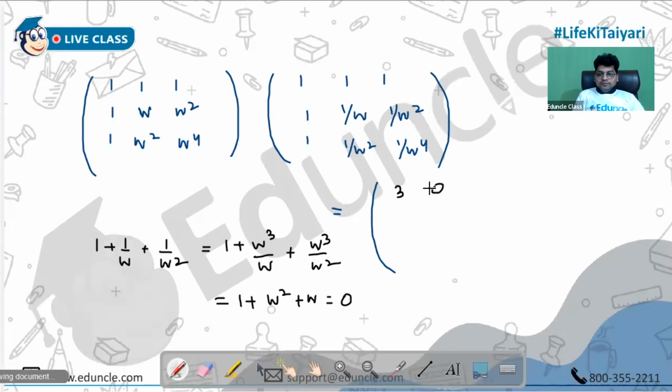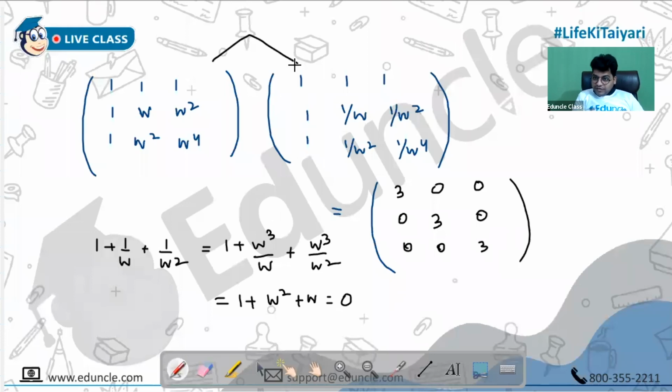Can I write down 0? I can tell you this is the matrix. You can tell me this is the matrix. So are these two matrices inverse of each other? Do you feel these are inverse? Inverse means identity. This is not identity.